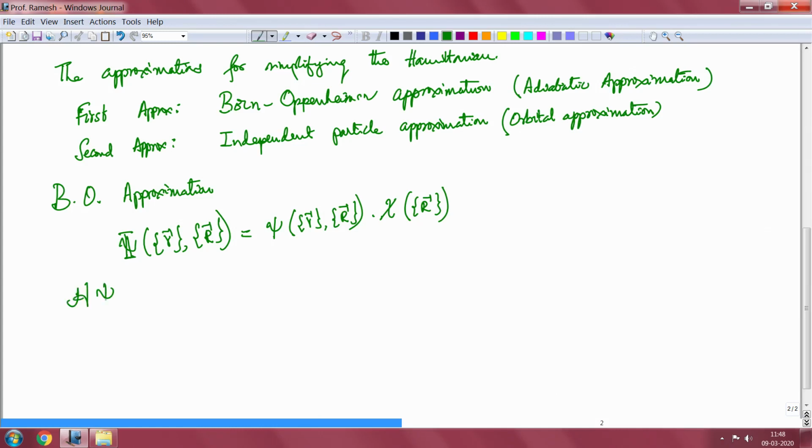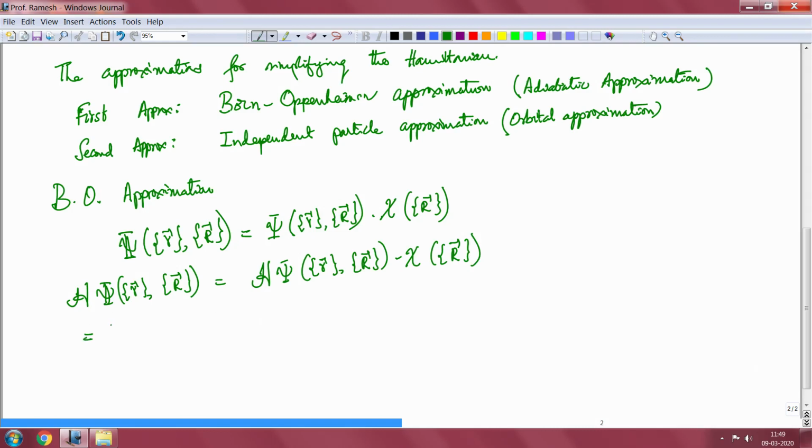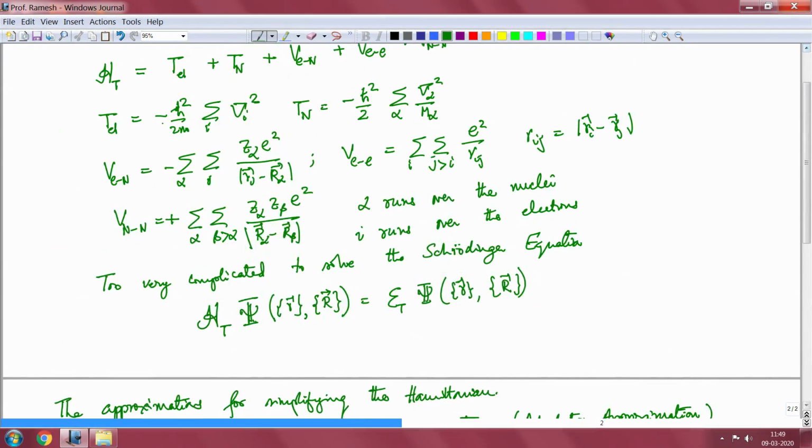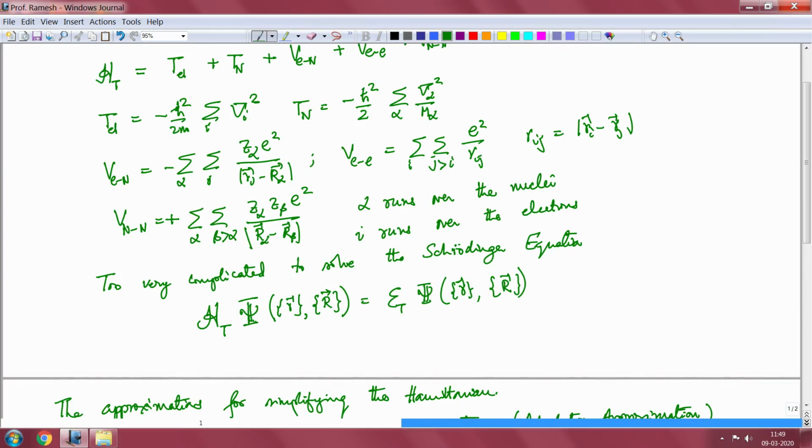So, let me see H psi of r, R equal to H psi of r, R dot chi of R can be written as, because the first term in the Hamiltonian, this part that I am showing, is not going to act upon the nuclear coordinates and it only acts upon the electron coordinates, and of course this term acts only upon the nuclear coordinates. So, because of that I can write it in the following fashion.